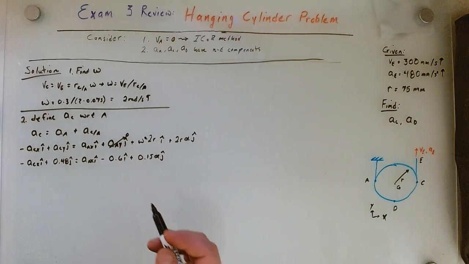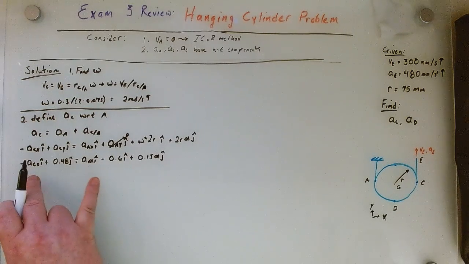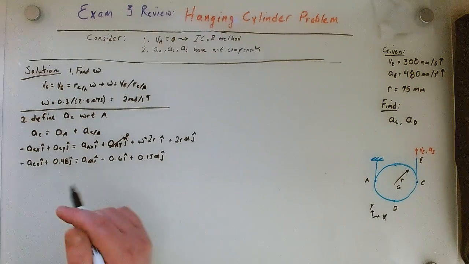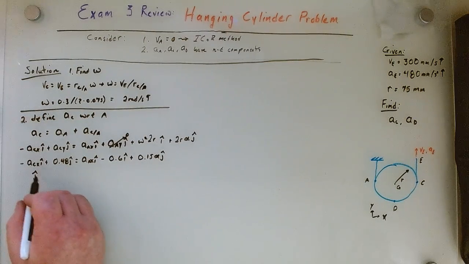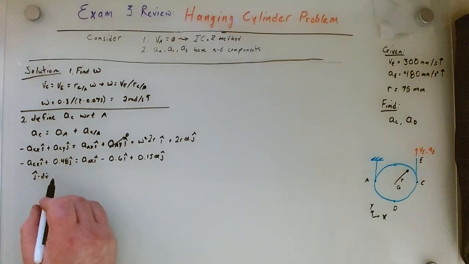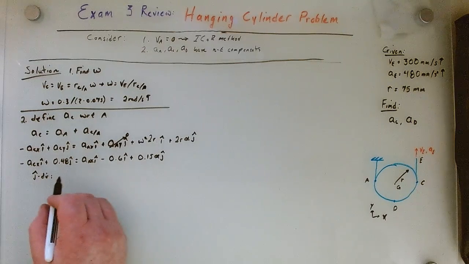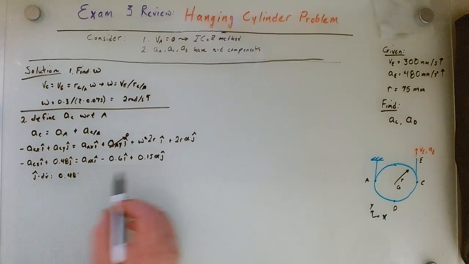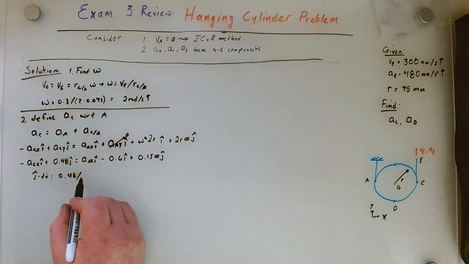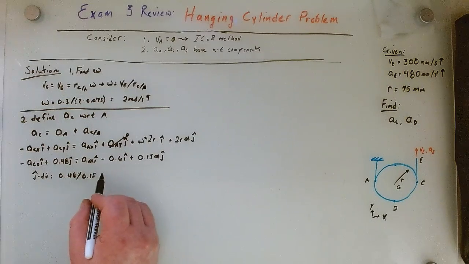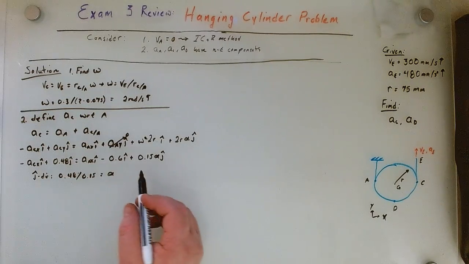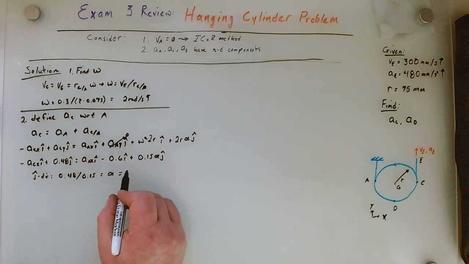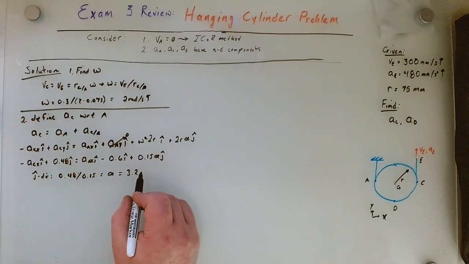Okay, so let's see. We only have one variable in the j direction, so let's go that way. J direction, 0.48, and I'm going to go ahead and just divide this across, divided by 0.15 is equal to alpha, right? So that means that alpha is equal to 3.2.